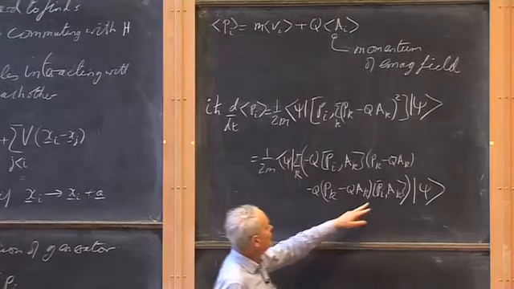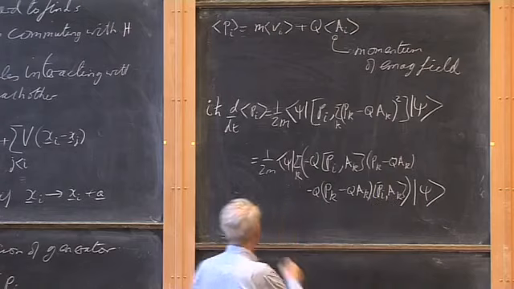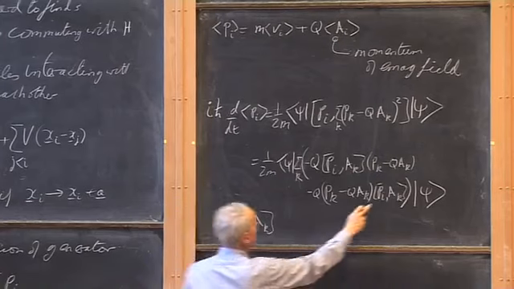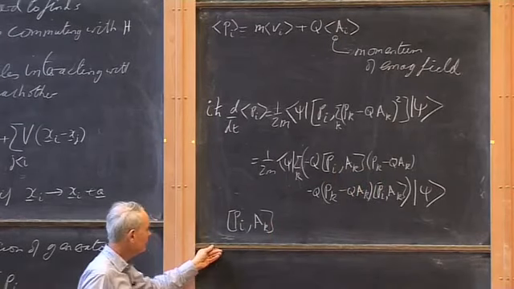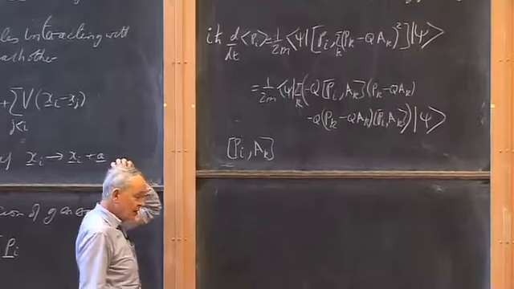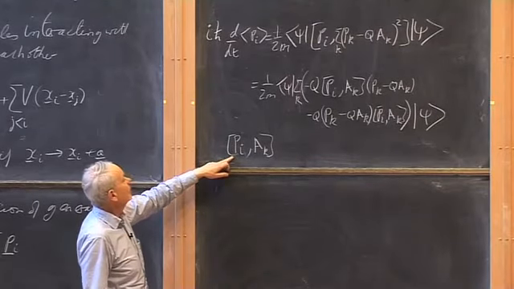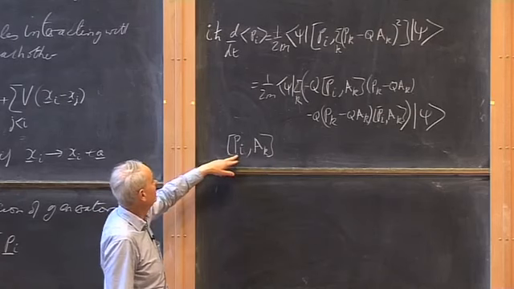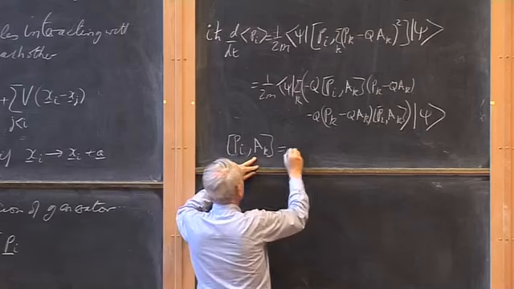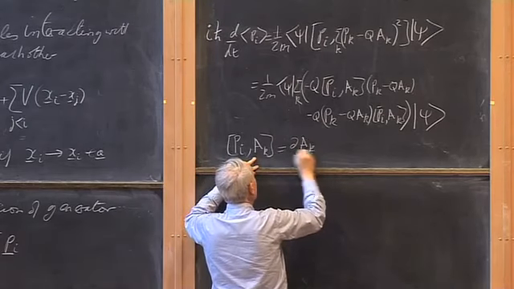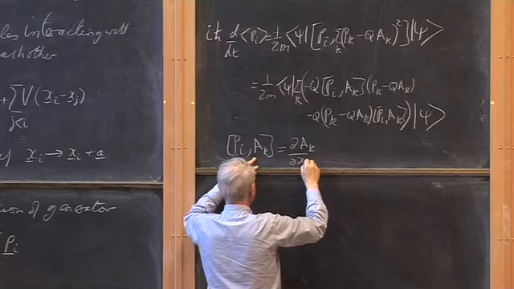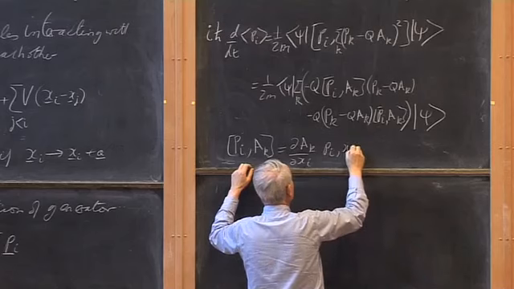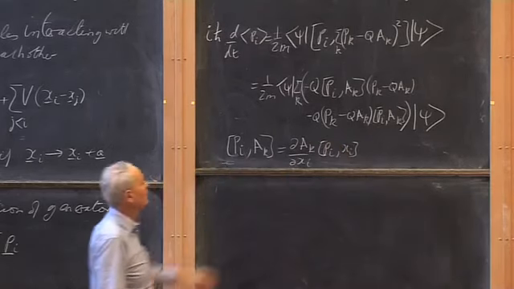And now we have to address the question: what is this commutator? What is the commutator of pi with ak? We need it in two slots, here and here. Well, we now use our rule for the commutator with a function of x. We used previously almost the rule for a function of p. The rule is that this is equal to dak by dxi times the commutator of pi with xi.